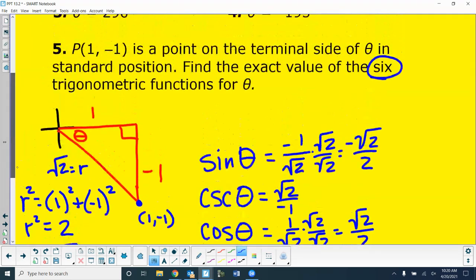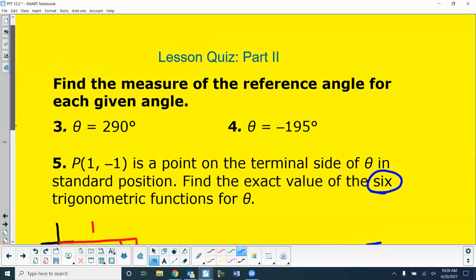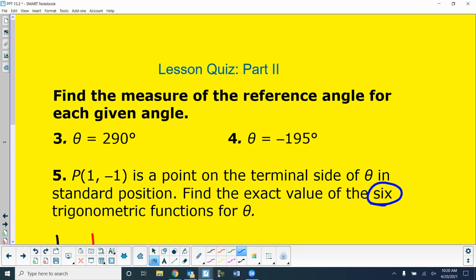Just a quick review of reference angles. 290. What quadrant? 4, right? Remember, here's 90, there's 180, there's 270, and over here's 360. So 290 will get you to there.